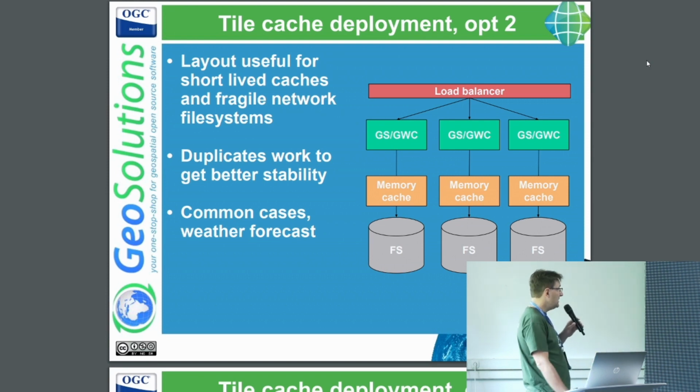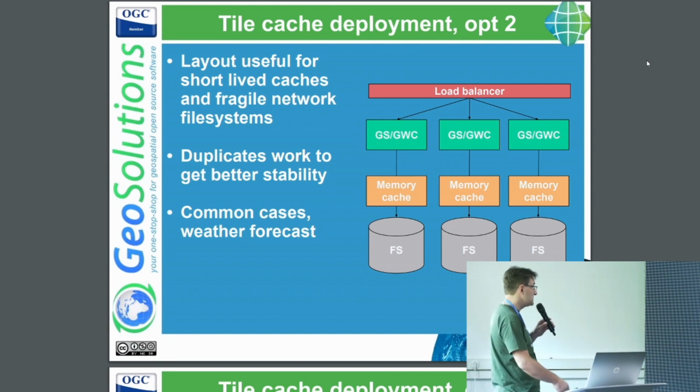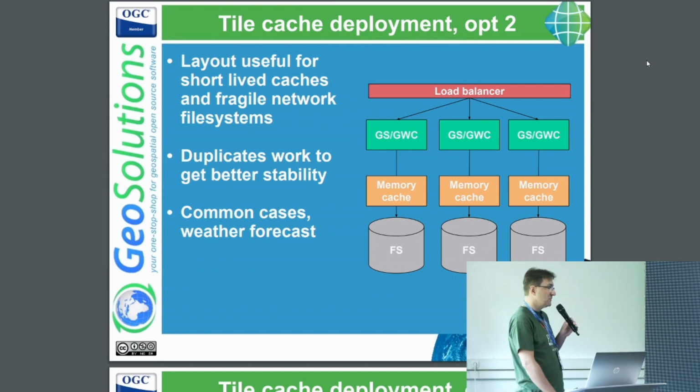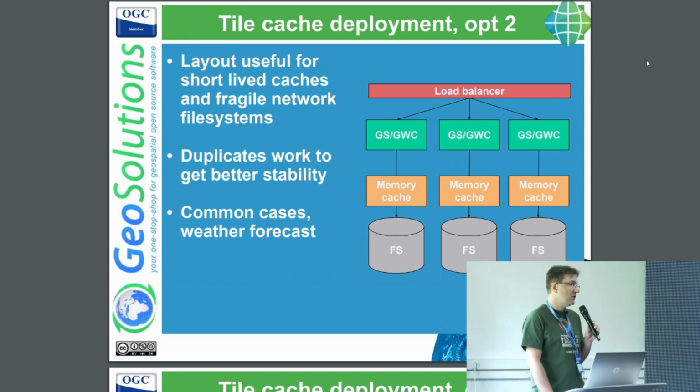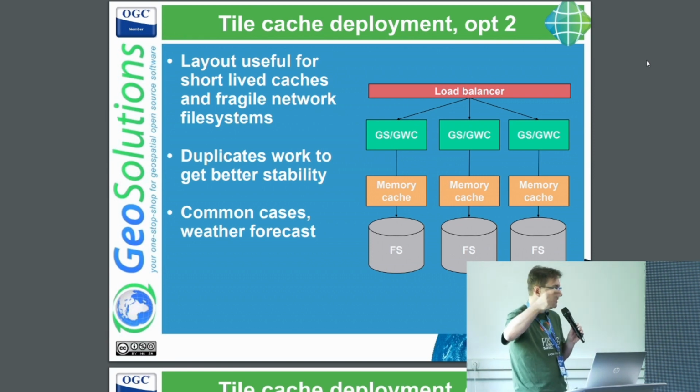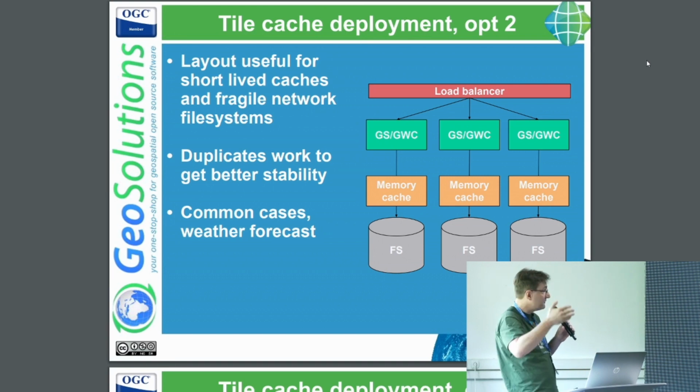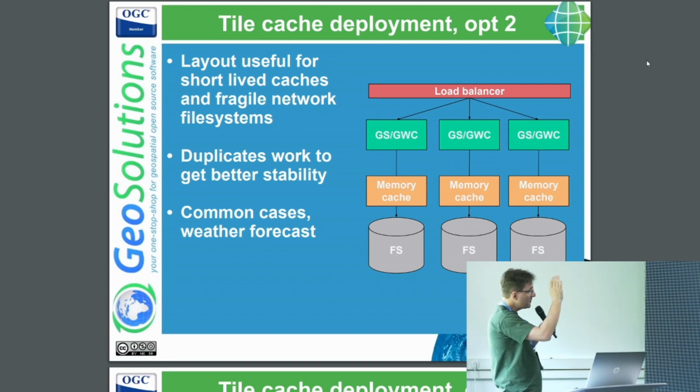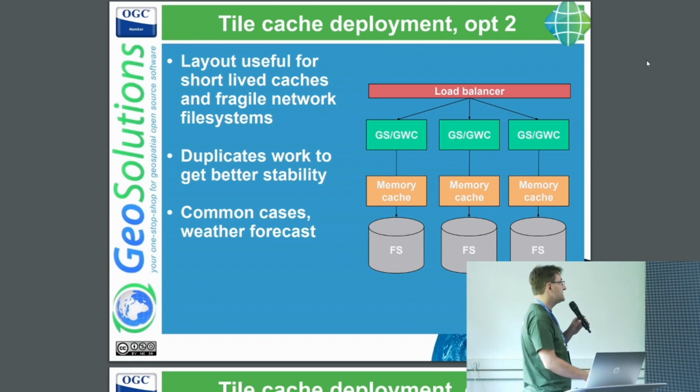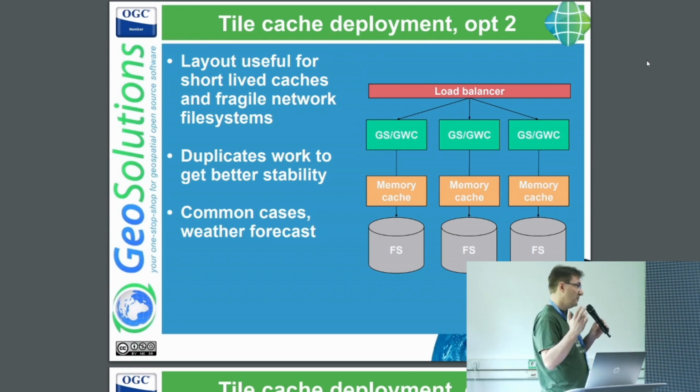A typical use case that we see: weather forecast organizations tend to gravitate towards this. They have very short-lived caches anyway, because the data keeps on updating over and over, but they want to be very fast at serving, so they typically have a memory cache and a local file system with a local tile cache. It's trading performance and sharing for better stability.